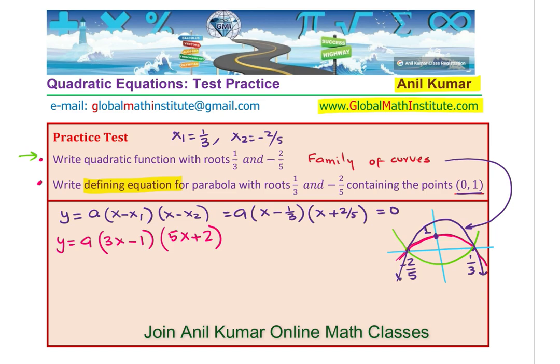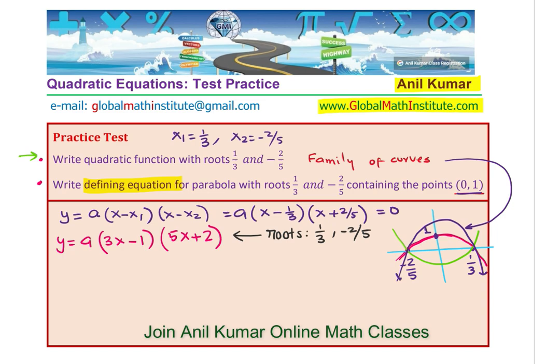Makes sense. Now you see, this equation also gives me the roots at 1 over 3 and minus 2 over 5. So the first thing I'd like to emphasize is that when you are given rational roots, it is better to write in this form rather than the fractions. It is easier to work with.